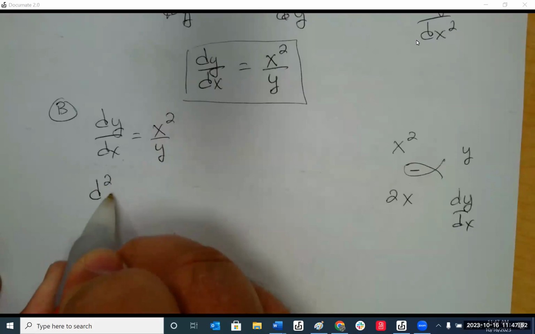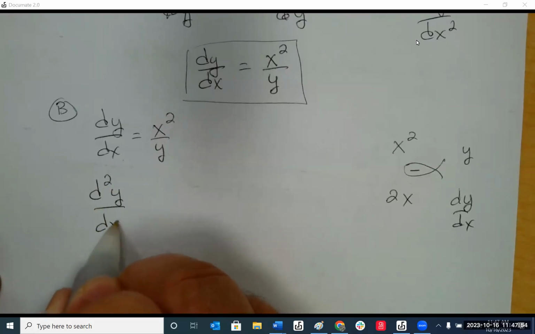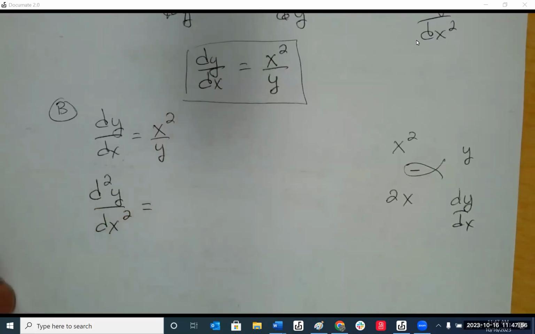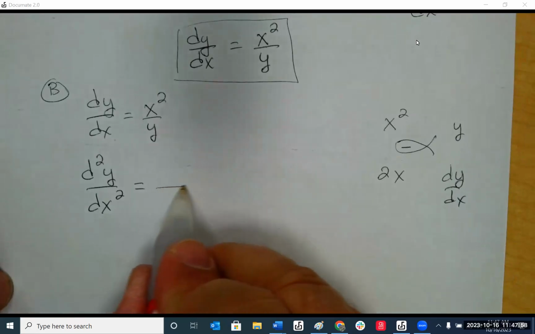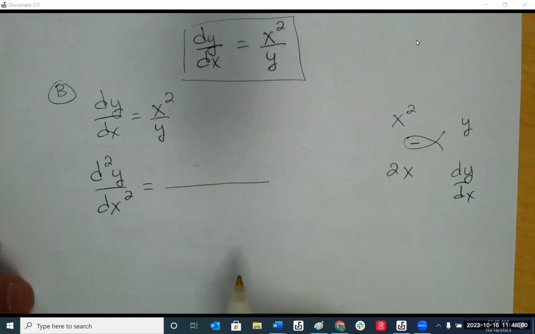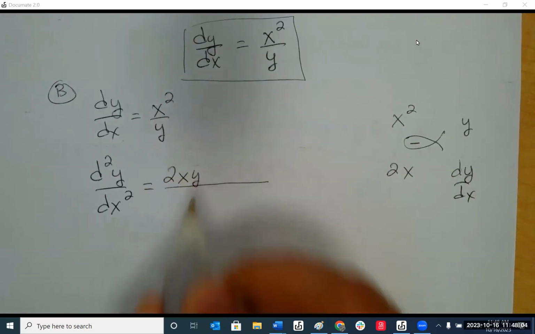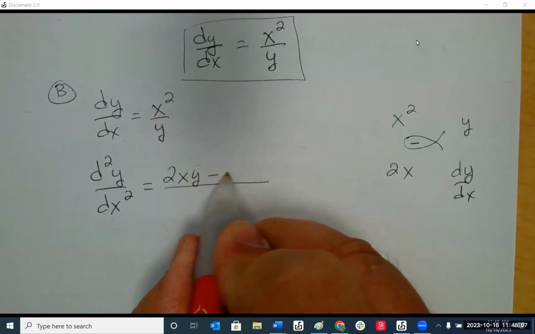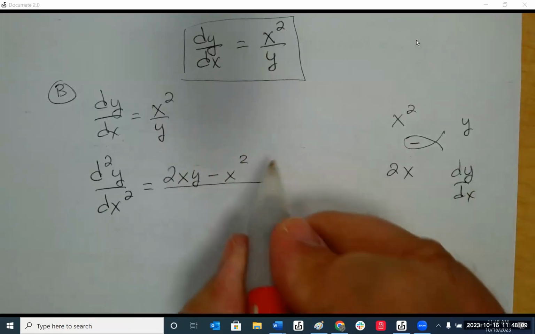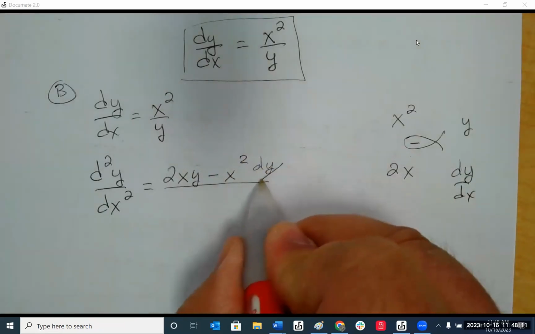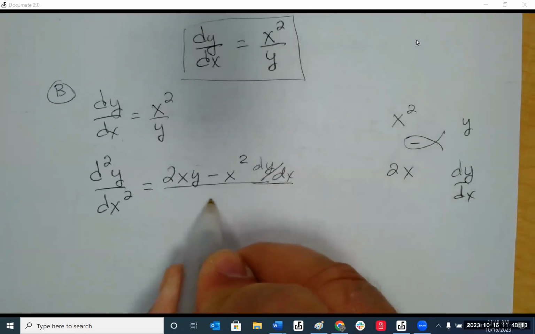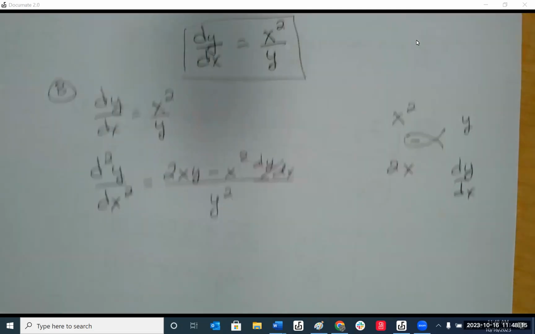So the second derivative is y times 2, so it's 2xy minus x squared dy/dx, all over y squared.